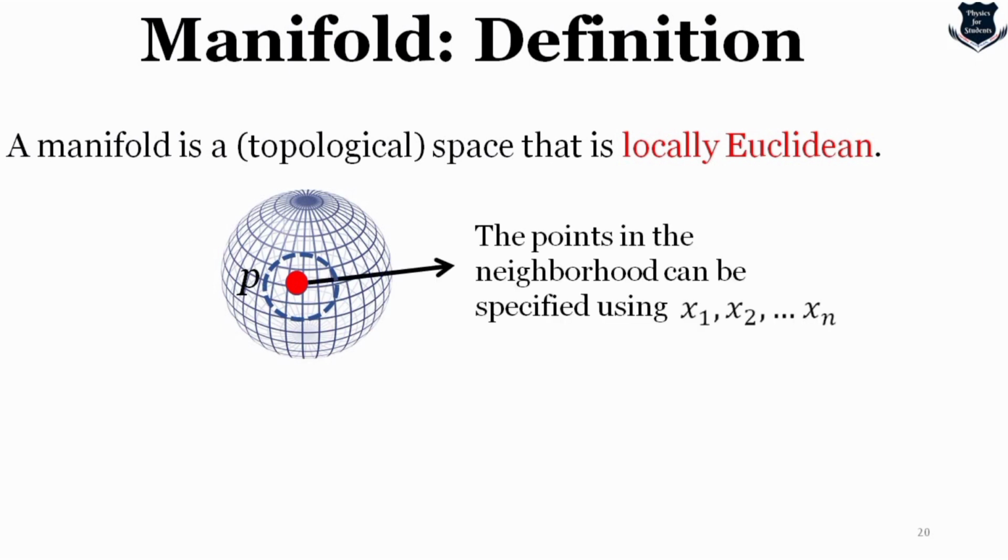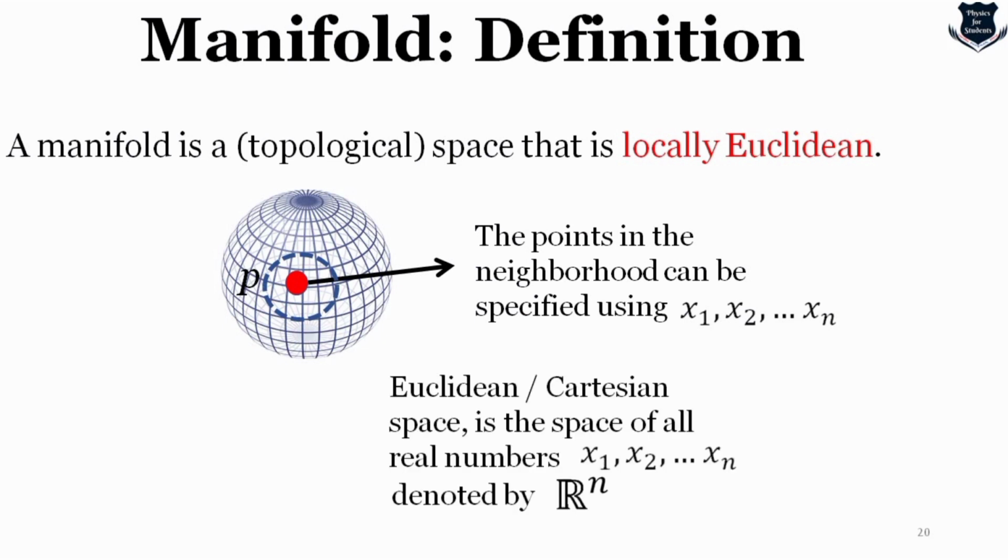The points in the neighborhood of point P, whether x, y, z or whatever, can be specified by n coordinates x1, x2, x3 and so on, and there exists a continuous map from that neighborhood to Rn. So it is a locally Euclidean space. Here, Euclidean or Cartesian space is the space of all real numbers x1, x2 up to Rn.